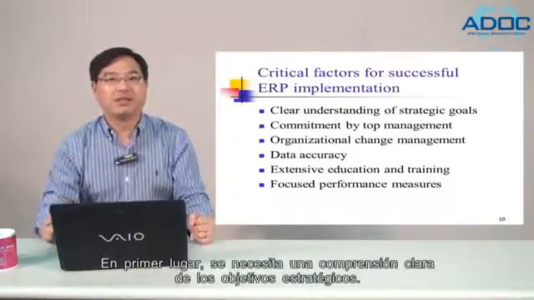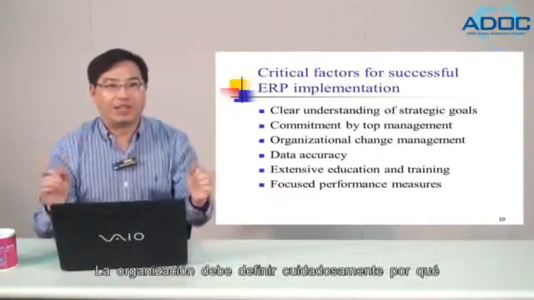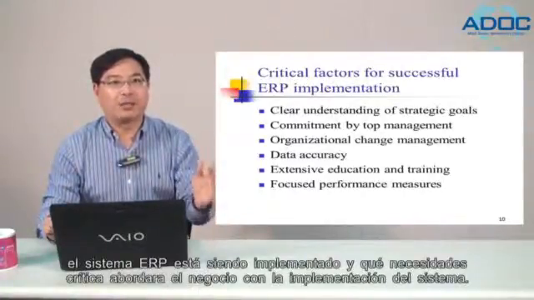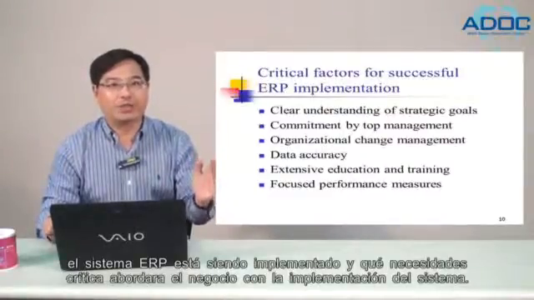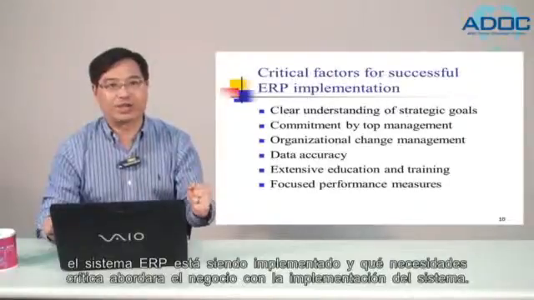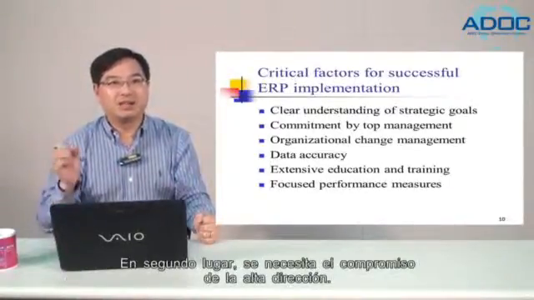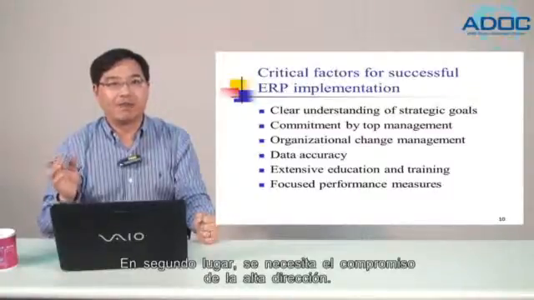First, it needs a clear understanding of strategic goals. The organization must carefully define why the ERP system is being implemented and what critical business needs the system will address. Second, it needs commitment by top management.